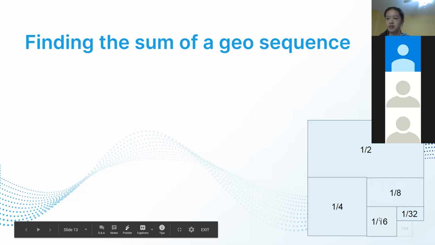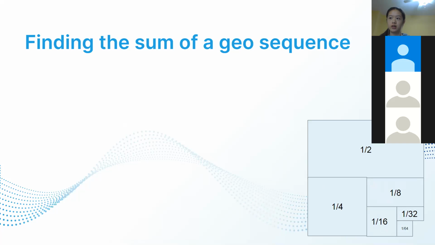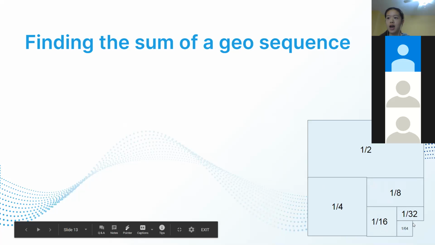And we continue doing that. You can see that it's going to start approaching the square shape. And this square has a side length of 1. If we kept adding these squares and rectangles in this pattern onto infinity, this would make a square with a side length of 1. So the sum of this sequence is just 1.